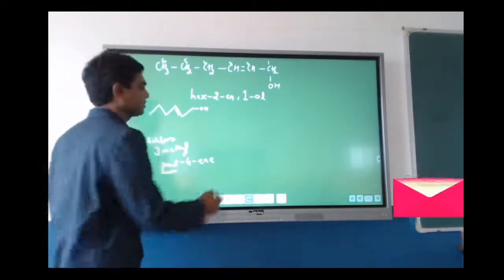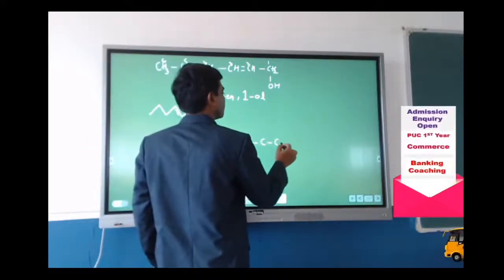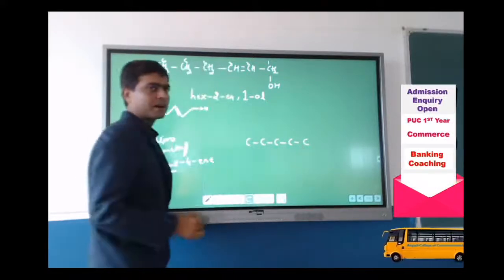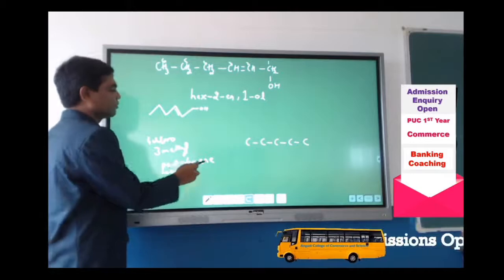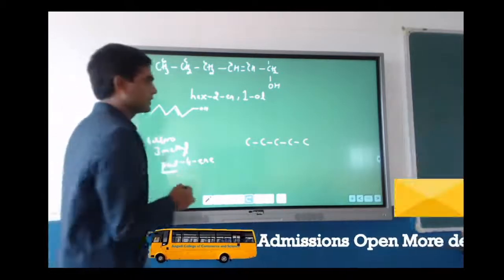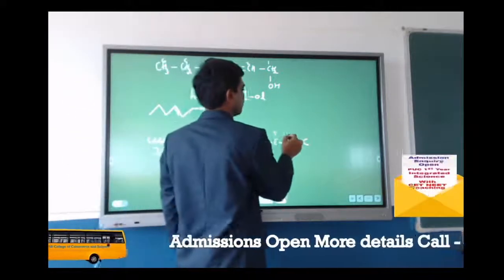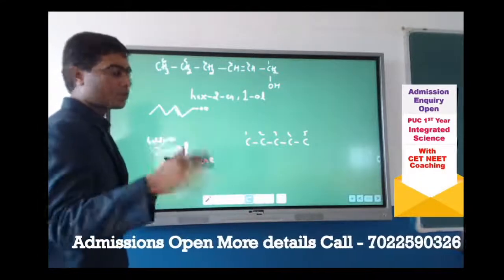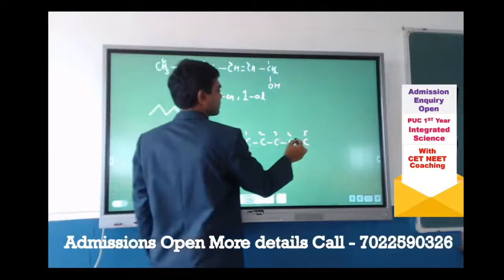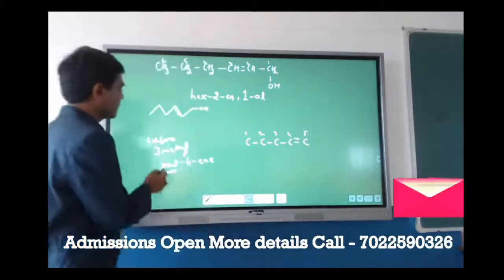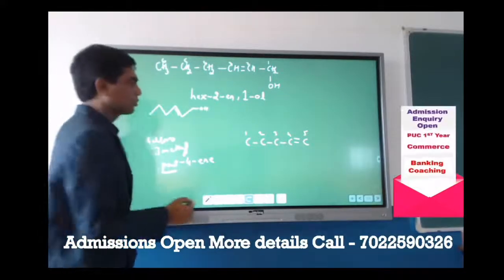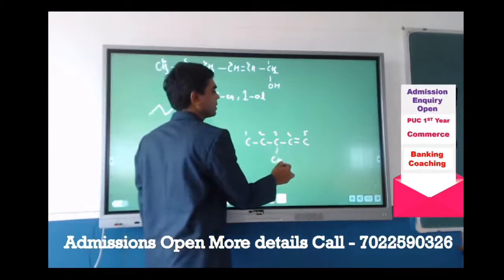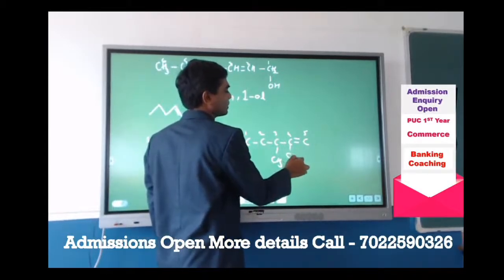Write the number of carbons. 1, 2, 3, 4, 5. 5 carbons you are writing. Next you go for the double bond. Fourth place is there. While writing the structure, the numbering is on your desk. Okay. Fourth place. So the double bond is here. And next are 3-methyl and 4-chloro. Here a methyl group is there and at 4 a Cl is there.